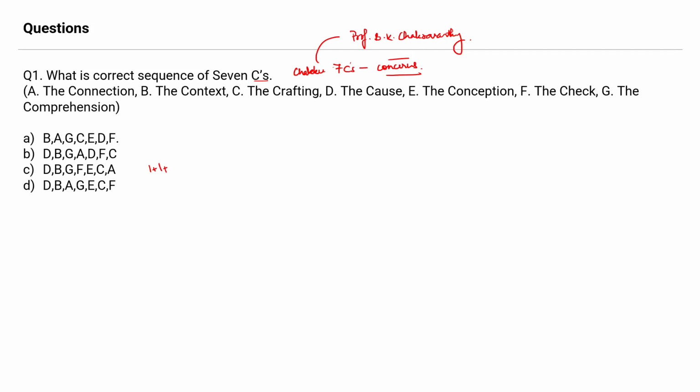Take your time. Just try to read the question. Basically, we are asking about the correct sequence of the 7 C's. Sir, option C is correct. All right. Anyone else? Any perspective?